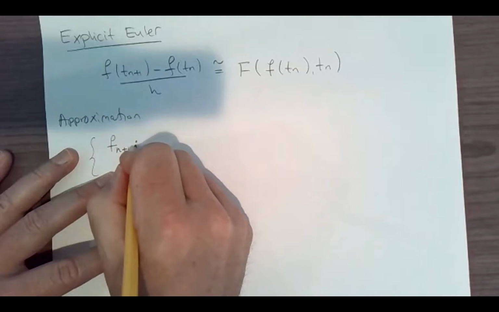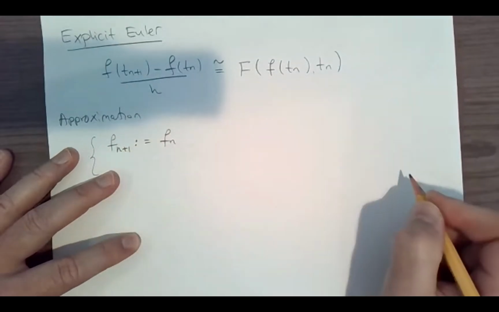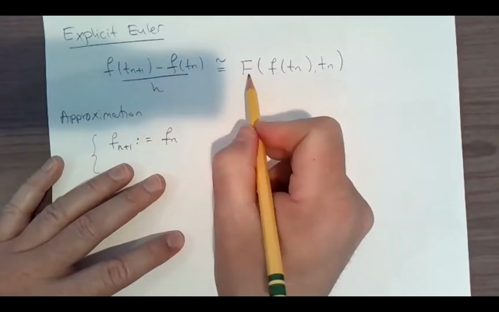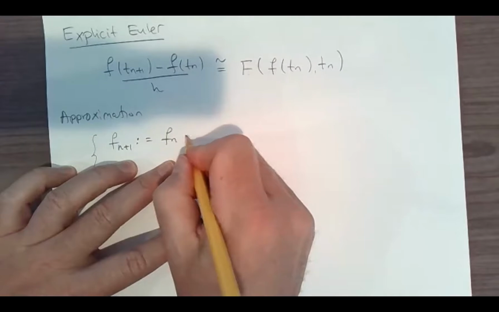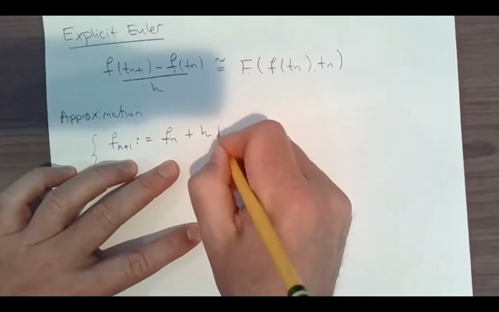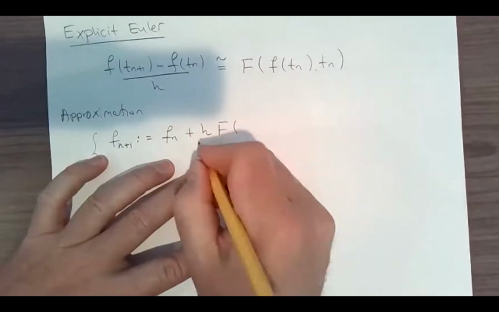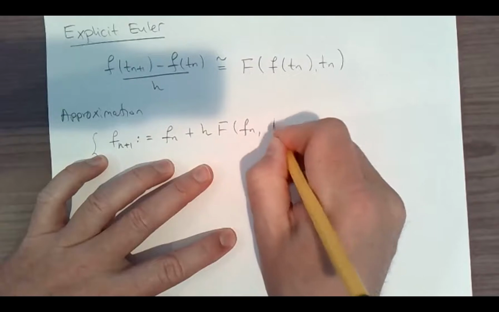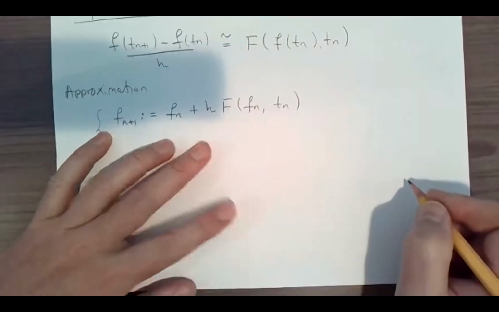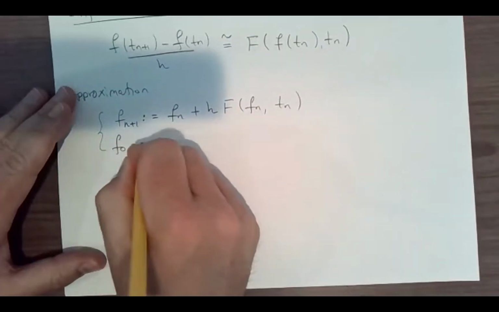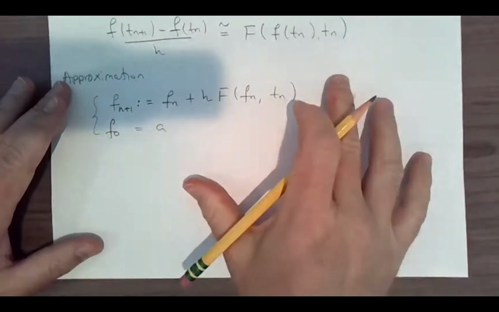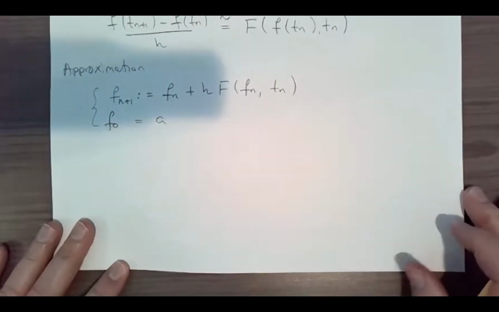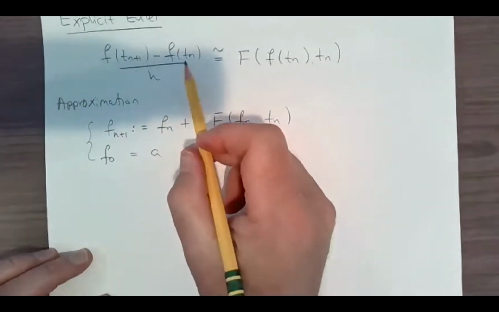This is defined to be f of n. So I multiply over, I move f over on the other side, I get an h, and then here this will be f at the previous point, fn, Tn. And we'll start out at that point A. This here is going to be my Euler approximation to the actual solution of what I have up here.